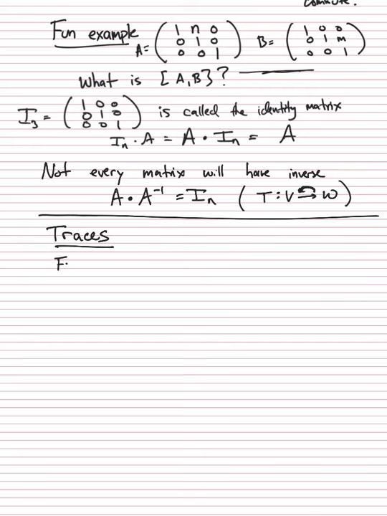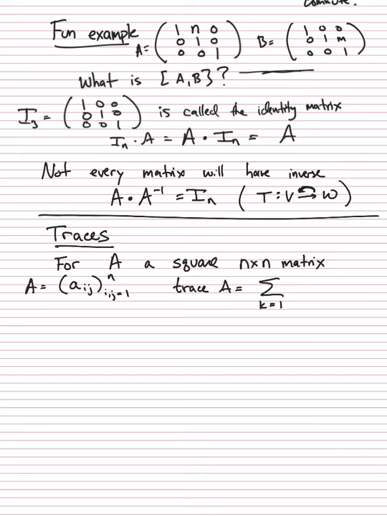So now we're going to assume that A is a square matrix, and its trace, so here's A, I'm going to write as A_ij from 1 to n. Then the trace of A is just the sum of the diagonal terms, in other words, the sum from 1 to n of A_kk.